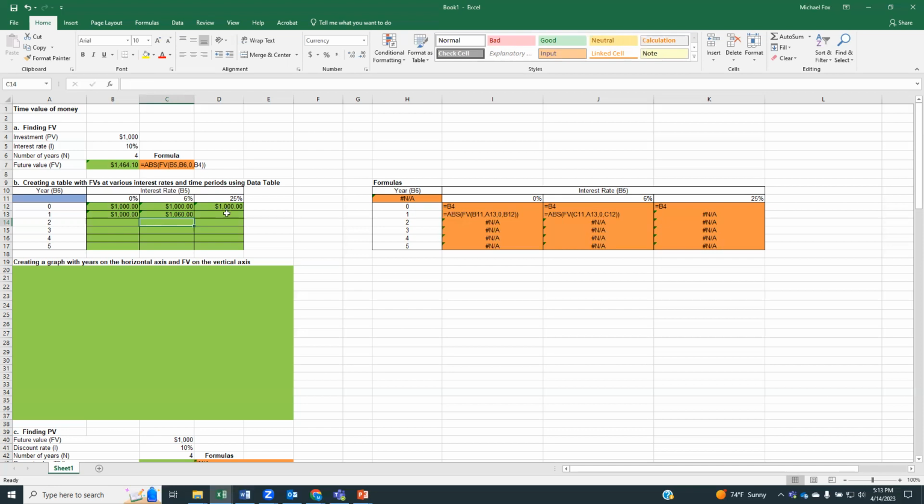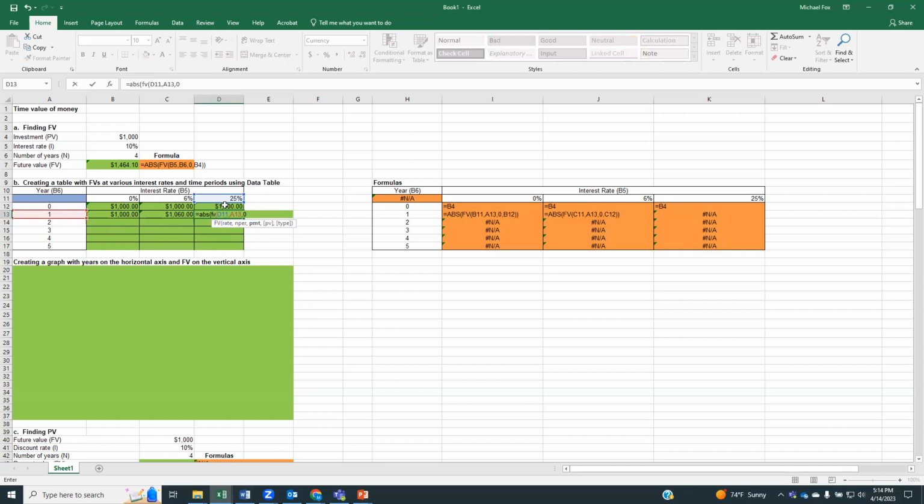And then on this one, we'll say this equals the absolute value of the future value, rate, oh, sorry, 25%. Number of periods, again, we just use the year we're in. Payment is 0.